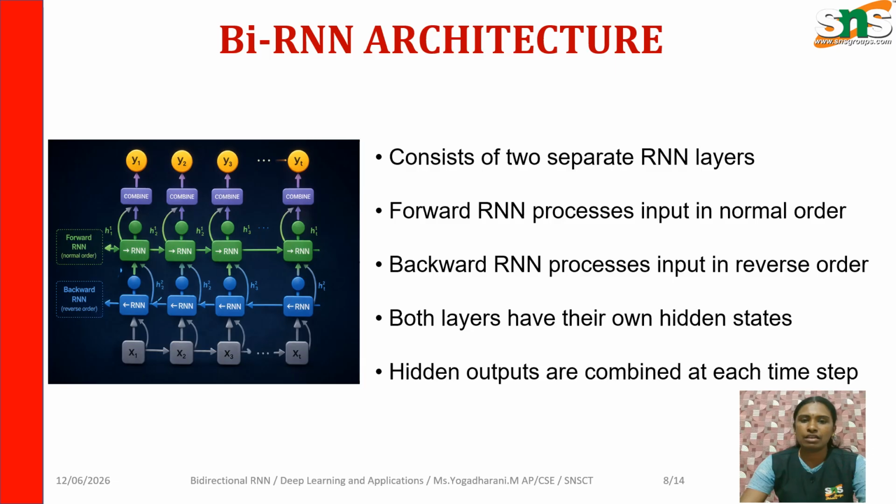Here, the bidirectional RNN consists of a forward process and a backward process. The forward inputs are x1, x2, up to x4. The backward processing goes x4, x3, x2, up to x1. Each RNN maintains its own hidden states, and a combination layer is used where the outputs from both directions are merged.